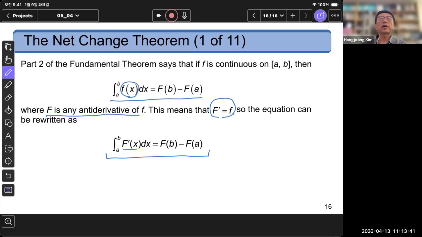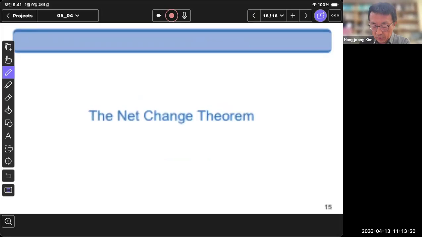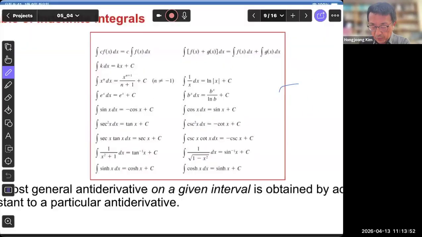Up to chapter 10, we will focus on the integration, and you should be familiar with this table and the fundamental theorem of calculus part 2 in particular, so that if I give you any function, you should be able to calculate their definite or indefinite integral.